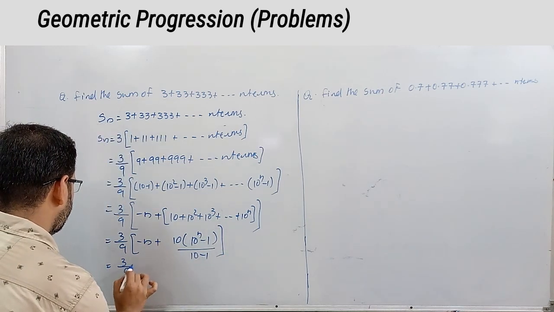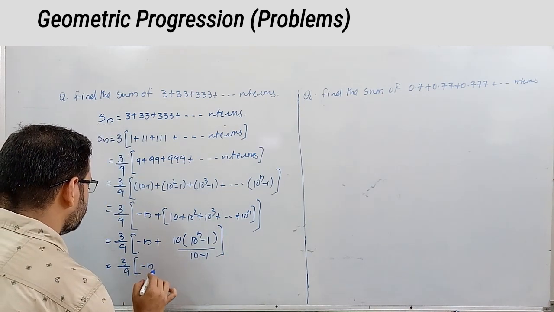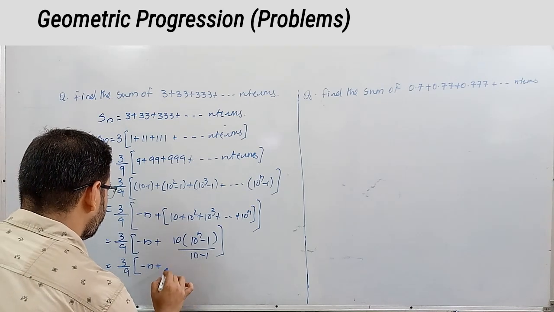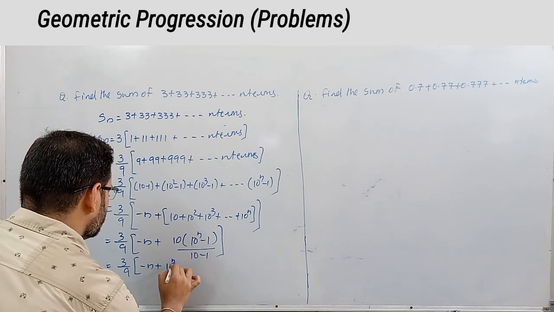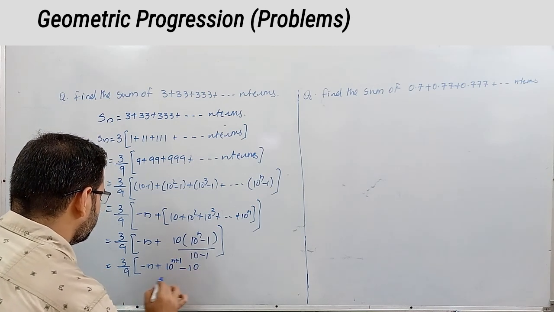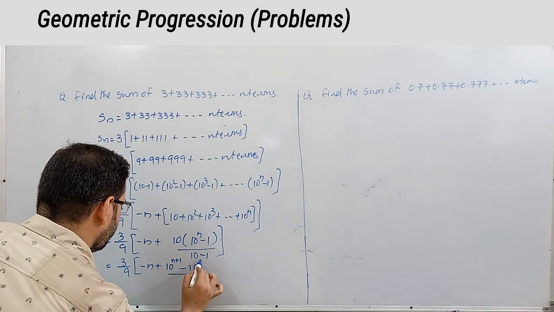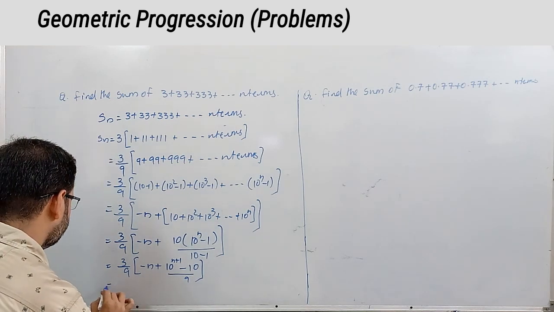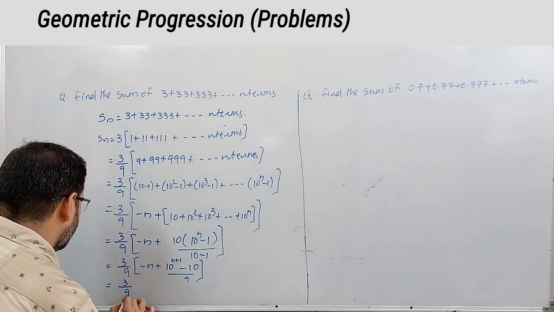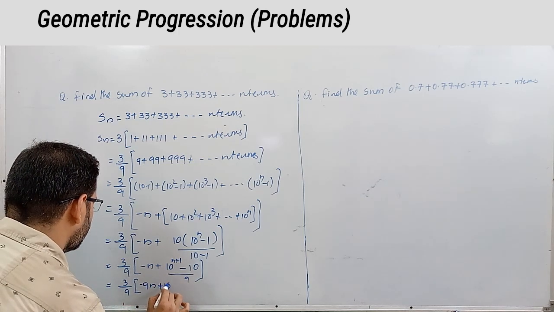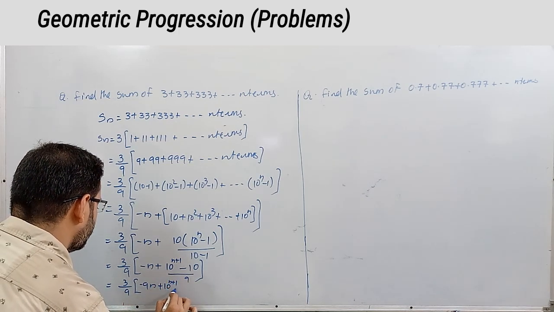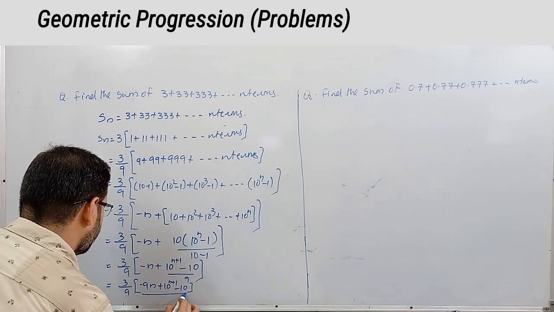Now 3 by 9 minus n plus 10 into 10 raised to n, which means 10 raised to n plus 1 minus 10, divided by 9. Taking LCM 9, 3 by 9 minus 9n plus 10 raised to n plus 1 minus 10, divided by 9.